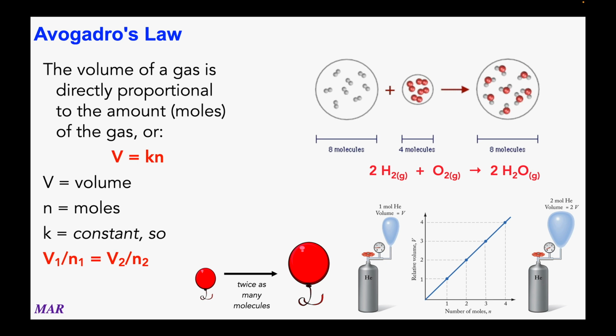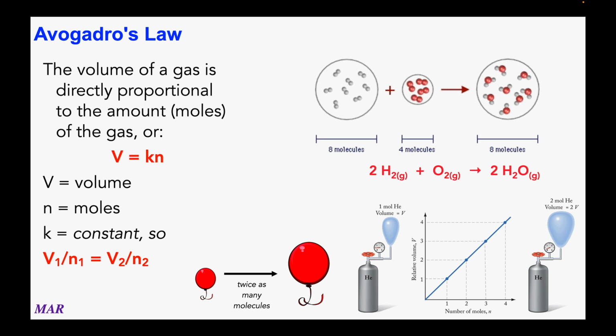So mathematically, volume is proportional to the moles. As moles goes up, the volume goes up, and as moles goes down, the volume goes down. So what you can say then from this equation is that V1 over N1 equals V2 over N2. So if the amount, moles N, changes, then the volume changes, and that's kind of cool. We're also going to see though that volume is proportional to the amount that's there.